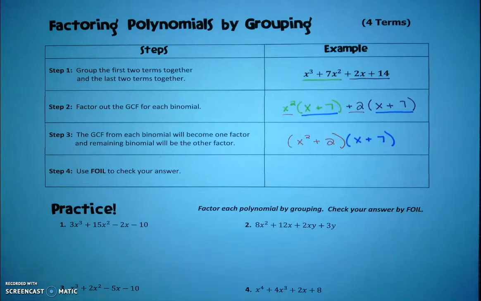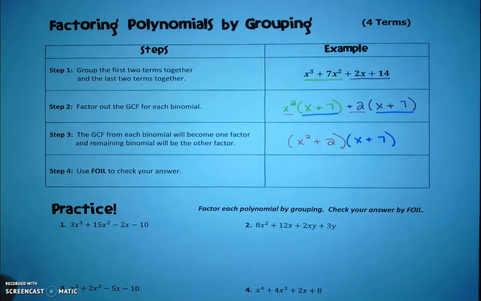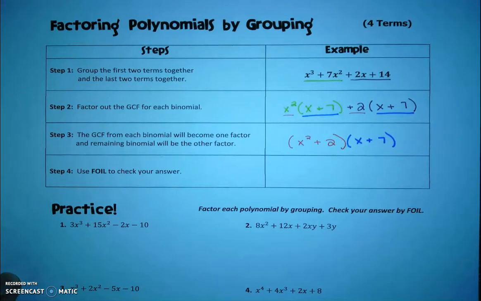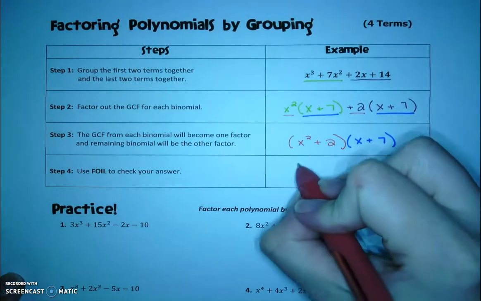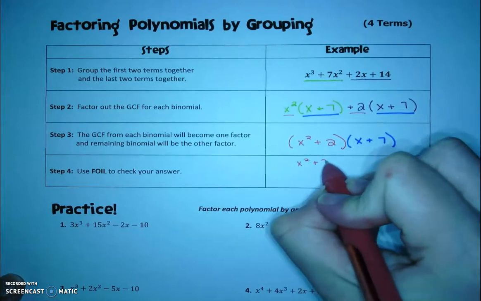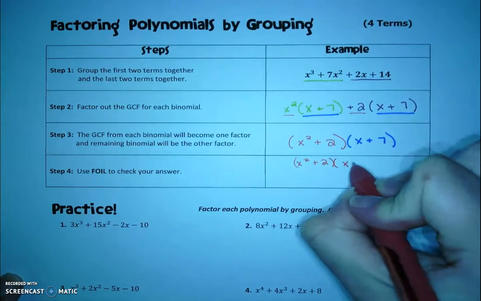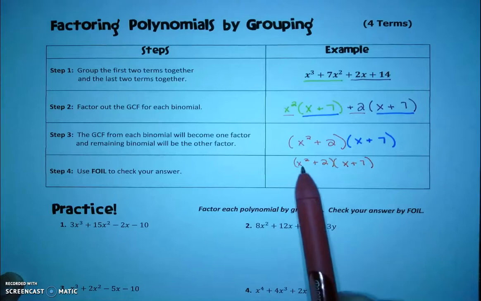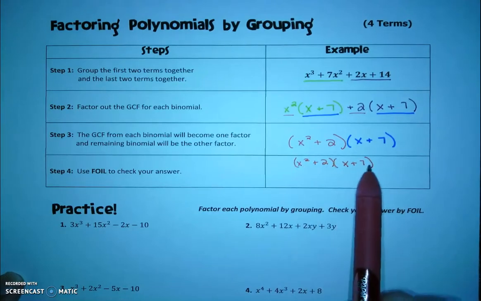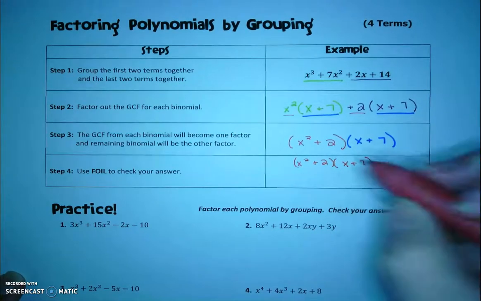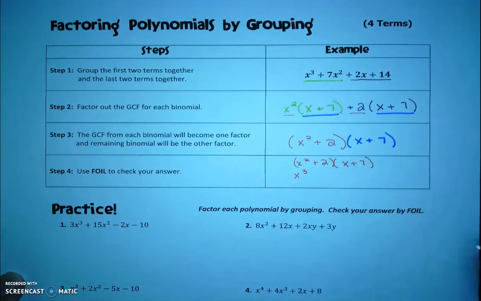That is our broken down version of our polynomial. So that's factoring by grouping. And then remember, we can always use FOIL, or we can redistribute in order to check our answer. So if we were to do that, we could have x squared plus 2 times x plus 7. Remember, x squared gets shared to both things, so x squared times x gives me x to the 3.